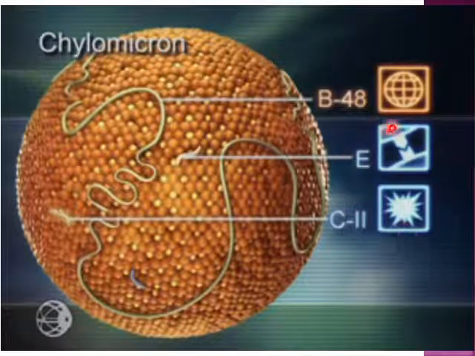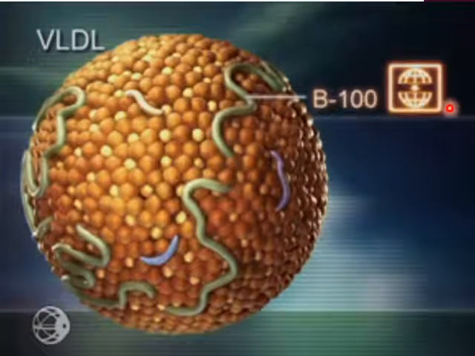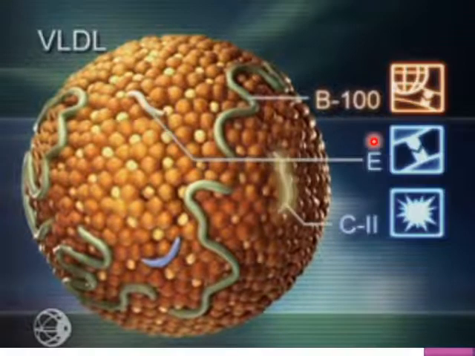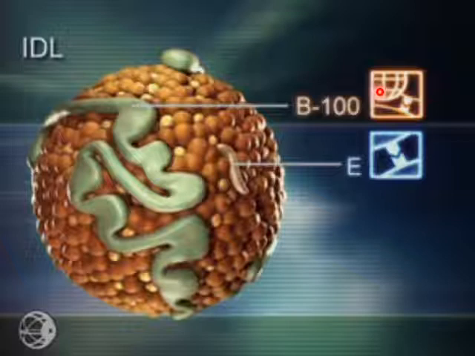We will see what the function of these apolipoproteins is. VLDL also contains lipids, and at the same time it contains apolipoproteins. The most important one and the biggest one in the structure of VLDL is ApoB100, but it also contains ApoE and ApoC2. Then we have the IDL. It contains, again, similar to VLDL, ApoB100 and also ApoE.